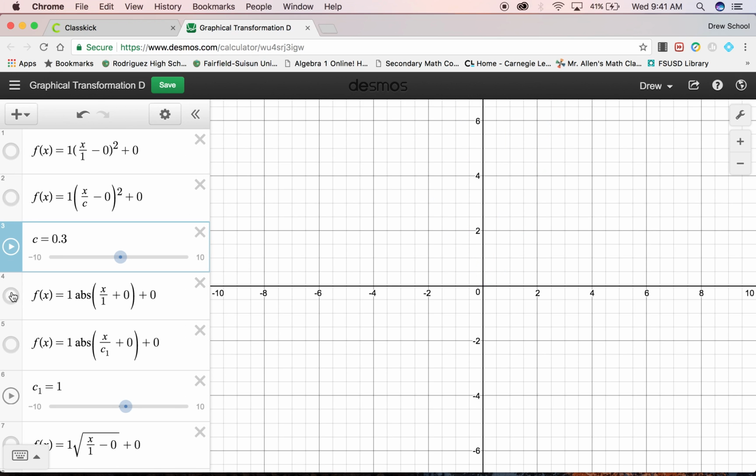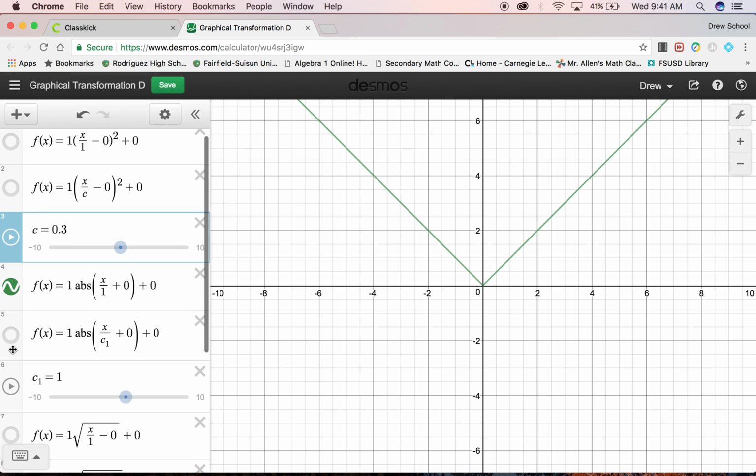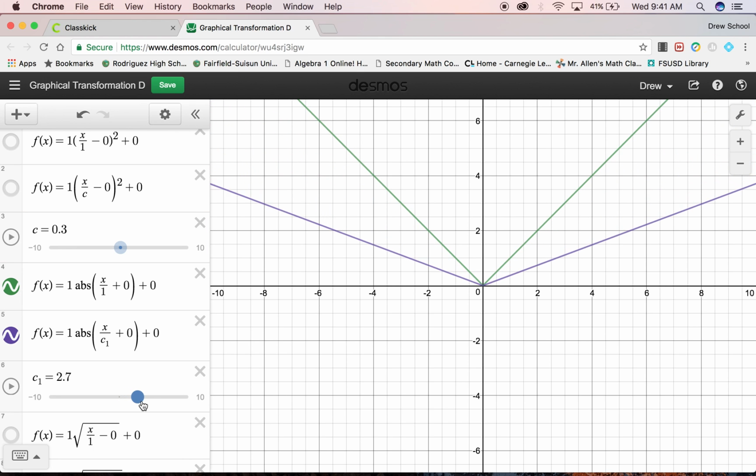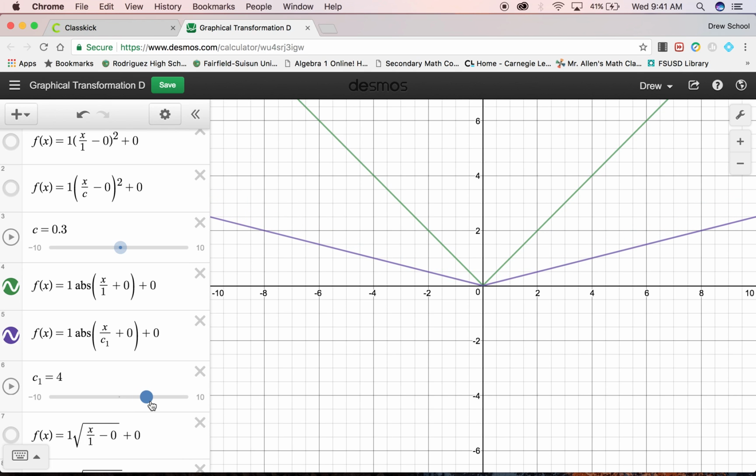And then the same idea goes for if we have the absolute values. So here's again, the starting function for absolute value. And we can see as the c gets bigger, or greater than 1, it's a vertical, or excuse me, a horizontal stretch.